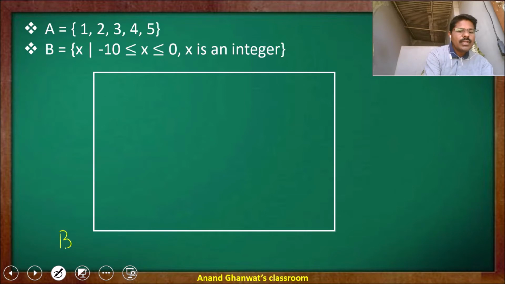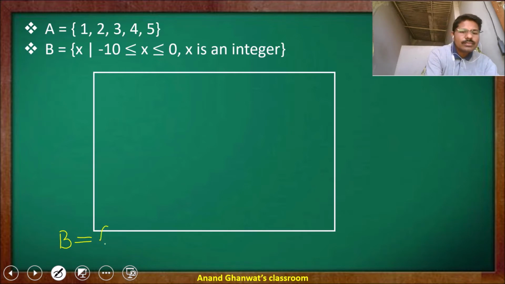Set B is the set of all x such that -10 is less than or equal to x is less than or equal to 0, where x is an integer. So all integers between -10 and 0, including -10 and 0.